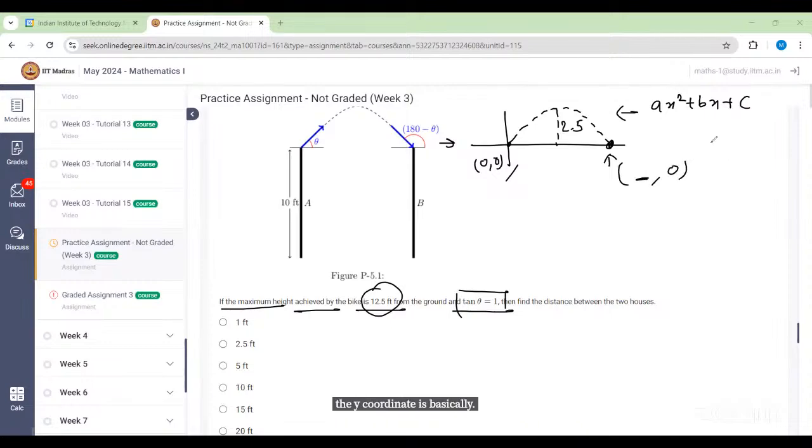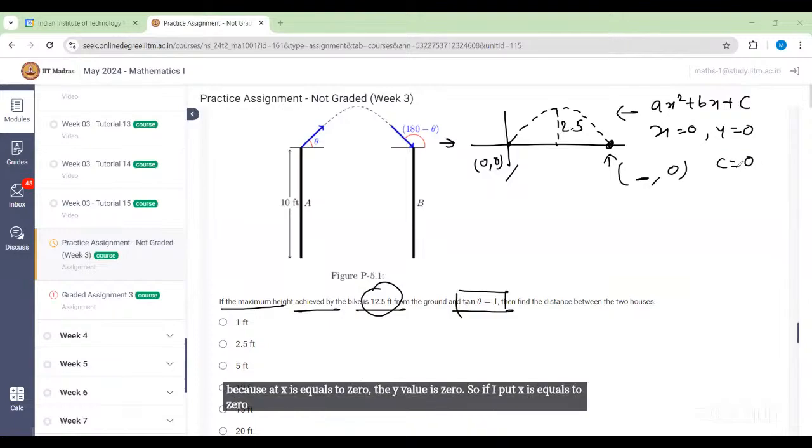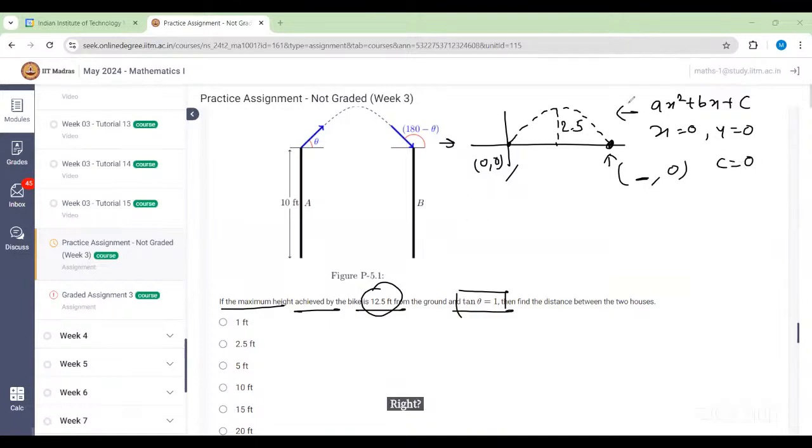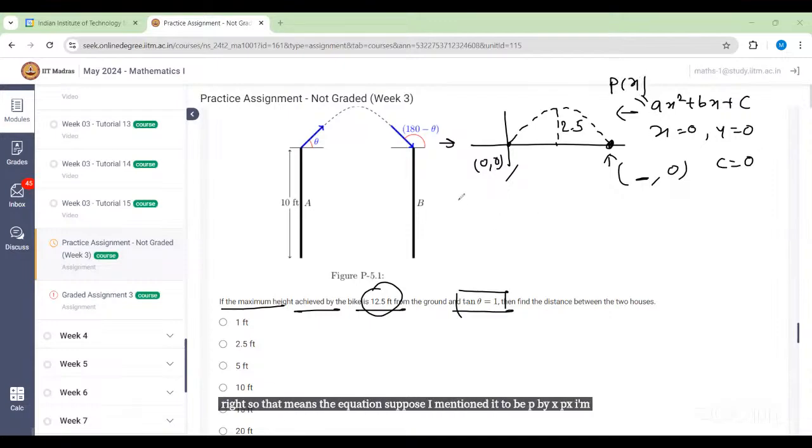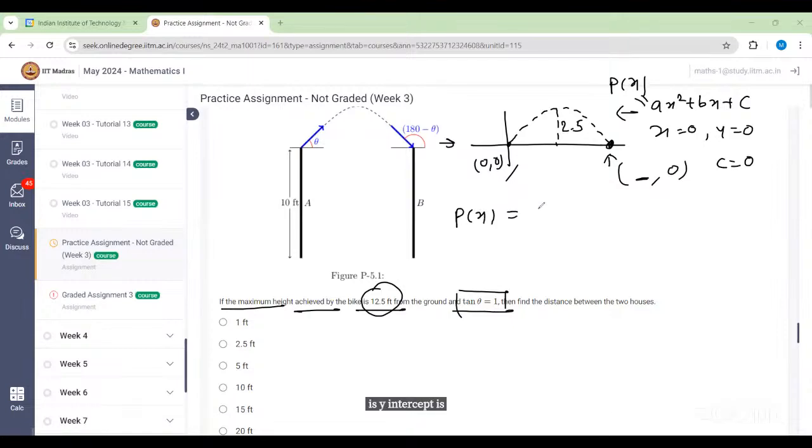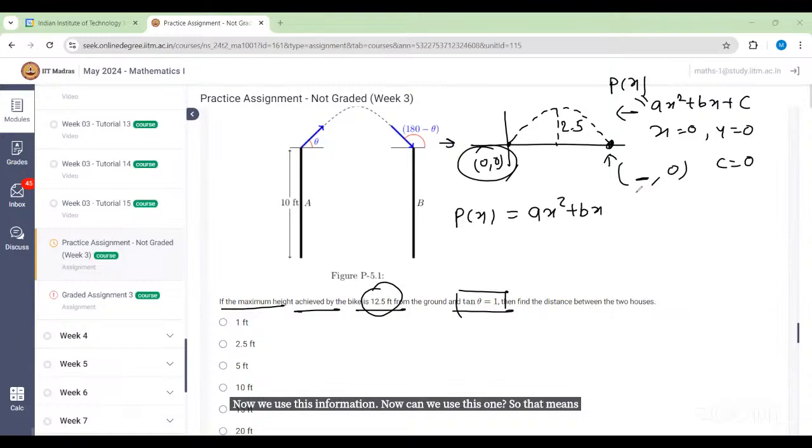Okay. So here, the value of c, I think we can get, because at x equals 0, the y value is 0. So if I put x equals 0, I'll get c equals 0. Right? The y-intercept is 0. So the equation is ax square plus bx. Now we use this information: the maximum height is 2.5.